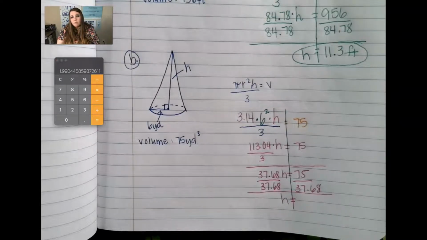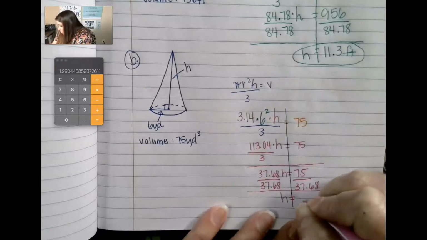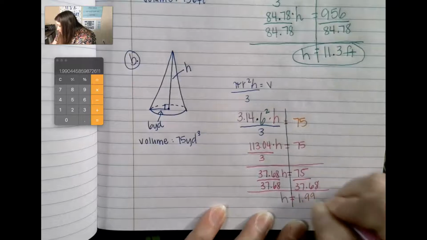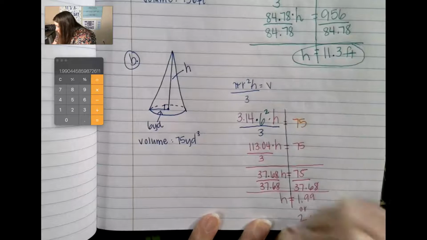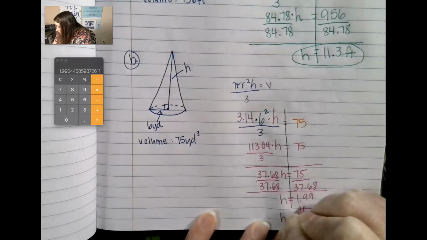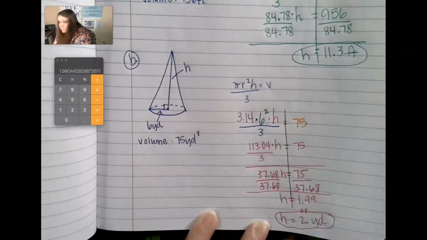So let's just go ahead and round that up. Since all this, we're just going to round up to about 2. So 1.99 or 2 yards. So our height equals 2 yards because we rounded.